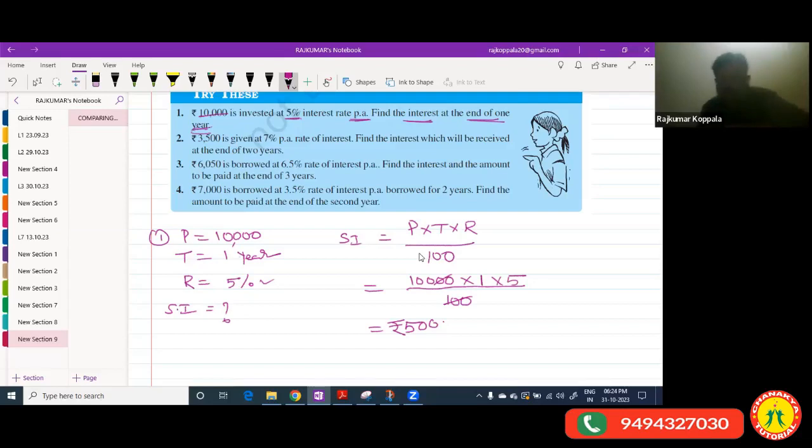Like this, we have to solve the problems. Now you solve the second one. Write the first one and solve the second one and tell me the answer. Everyone should solve it.